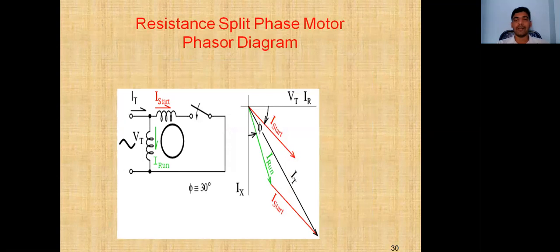Resistance split phase motor phasor diagram. This is the applied voltage and applied current.